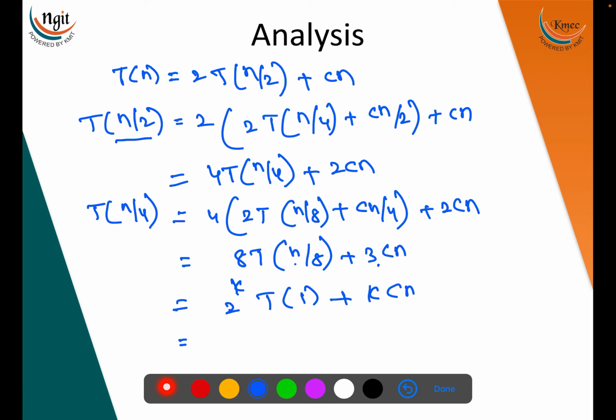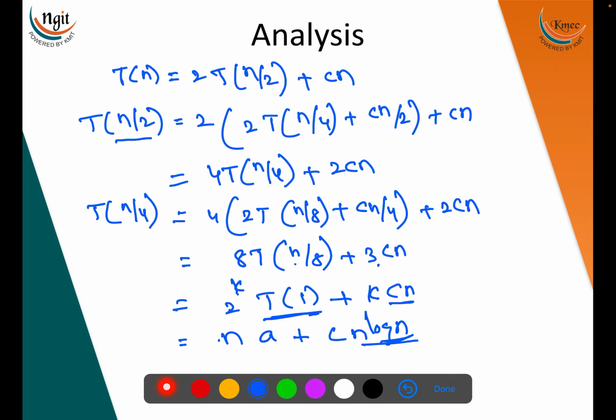Now n equal to 2 power k, right? So I am taking here n. T of 1 complexity in the recurrence relation is a plus Cn log n, as I am taking k equal to, if I apply logarithm on both sides of n equal to 2 power k, I will get k equal to log n. So Cn is already there, and in the place of k I am taking log n.